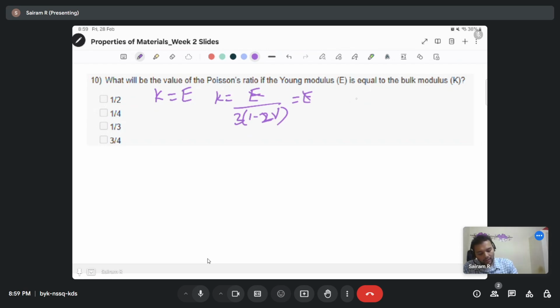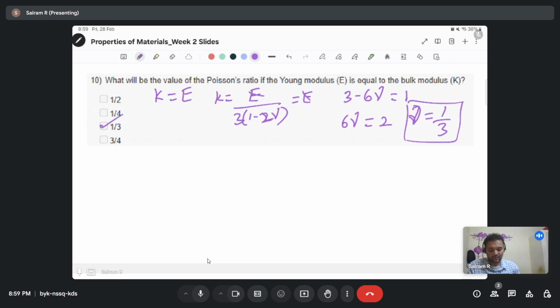So 3 minus 6 nu equals 1 is the equation we are presented with. So 6 nu equals 2, nu equals 1 by 3. Answer is option C, 1 by 3.